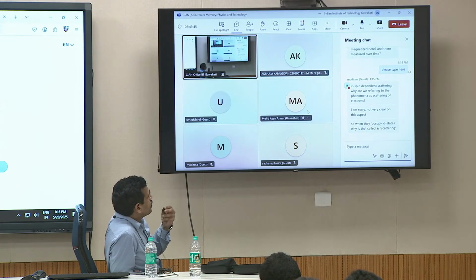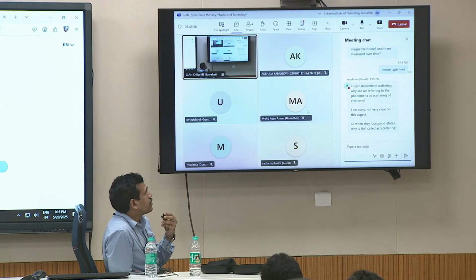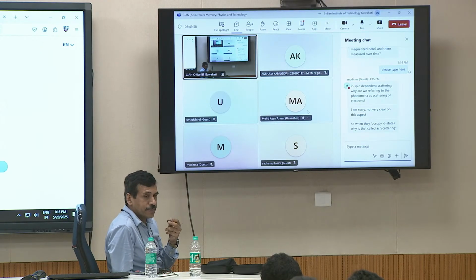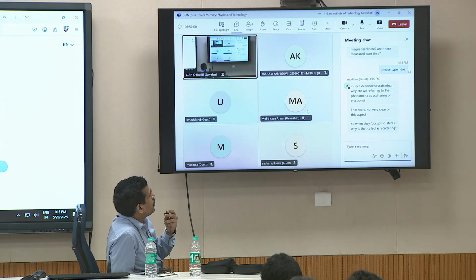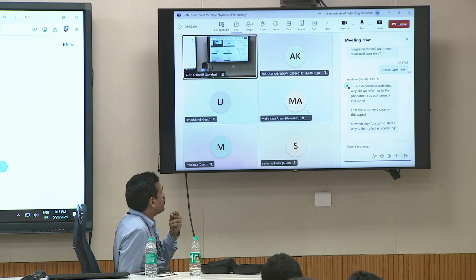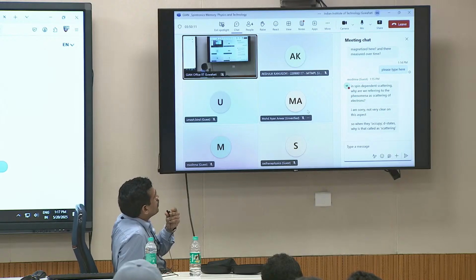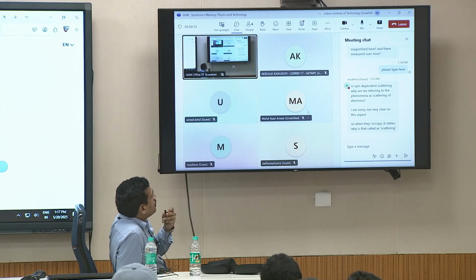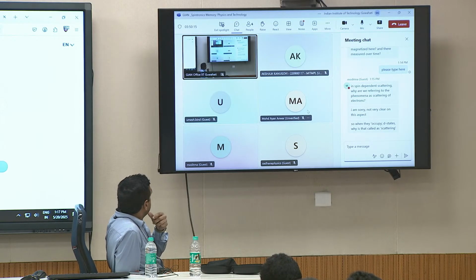It's not ionic conducting material, right? So we are talking about conduction of electrons. So occupy d states, why it's called scattering? Because d state is localized. In the atoms, I mean in metallic system, s electrons flow around, give rise to the conduction, and d states are localized, right?